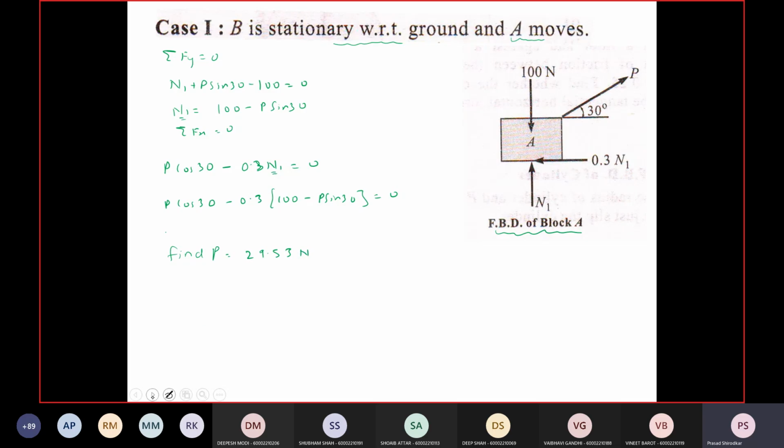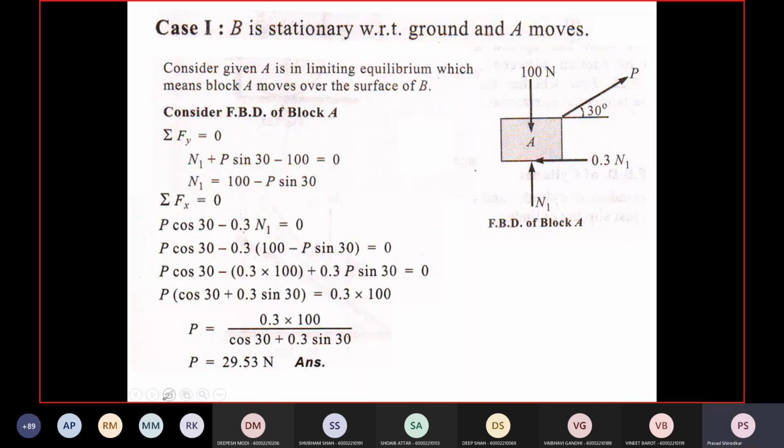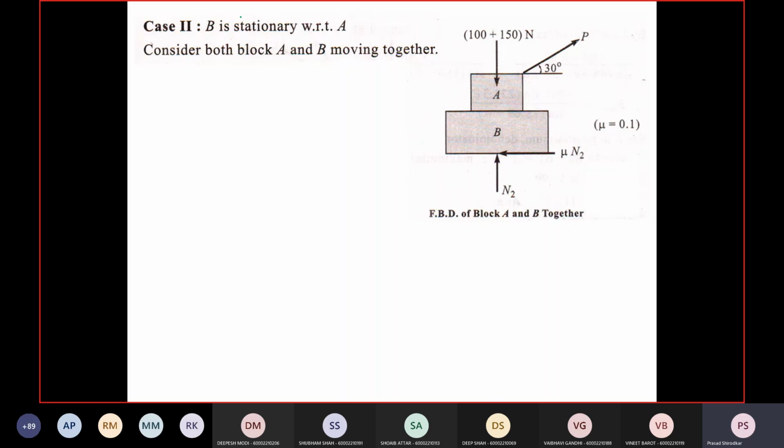So now we'll consider the second case where both these blocks are moving together. Again the normal reaction, in this case I will use a different notation, N2, and the friction force is nu N2. The total weight vertically down is the weight of both blocks, 100 plus 150.